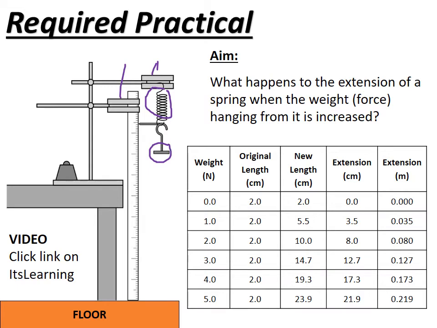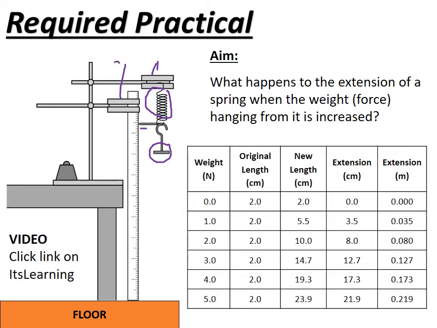There is a pointer from the bottom of the spring here, and it goes towards the ruler. We call this a fiducial marker or a fiducial pointer. It points at the ruler so that we can get accurate measurements of how far the spring has stretched. So it helps to make this a more accurate and precise experiment.